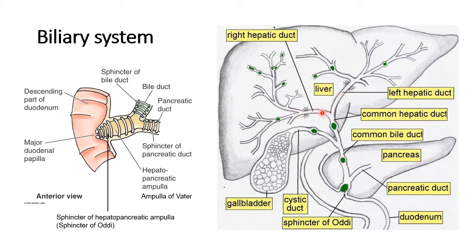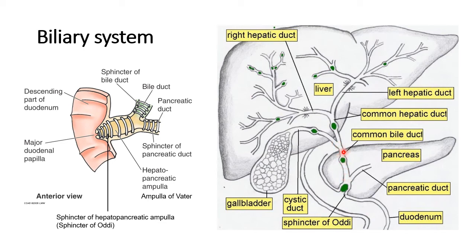So right and left hepatic ducts will join and form the common hepatic duct. The common hepatic duct will be joined later by the cystic duct, the duct of the gallbladder, and they will form the common bile duct.